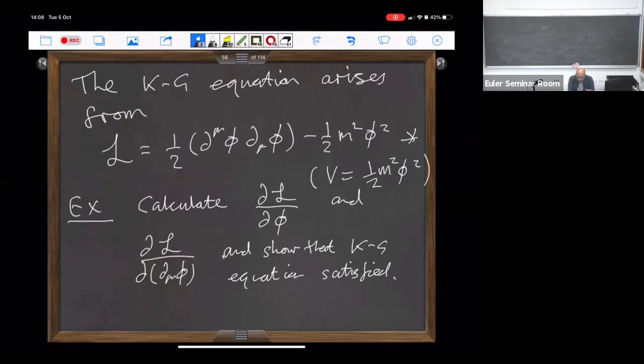And the example that we finished up with last time is this Lagrangian that I've written down here, which is the Lagrangian for the Klein-Gordon equation. It's an exercise to check that, using that Lagrangian, the Euler-Lagrange equations give the Klein-Gordon equation. And we'll do some more examples as we go along.